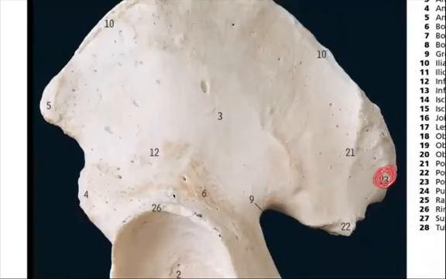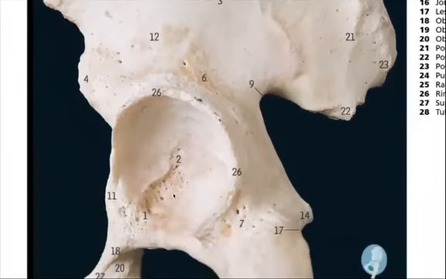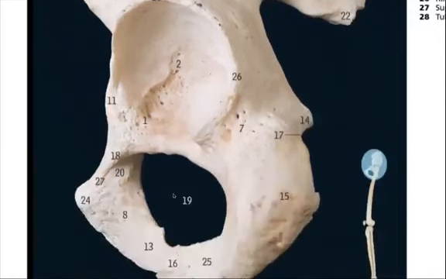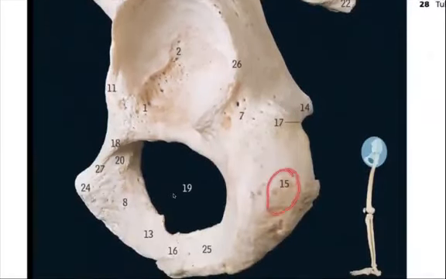Number 23 is the posterior superior iliac spine, and number 22 is the posterior inferior iliac spine. Number 2 is the acetabulum itself. Number 14 is the ischial spine. Number 15 is the ischial tuberosity.